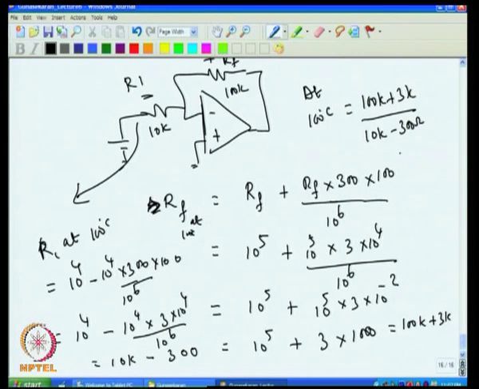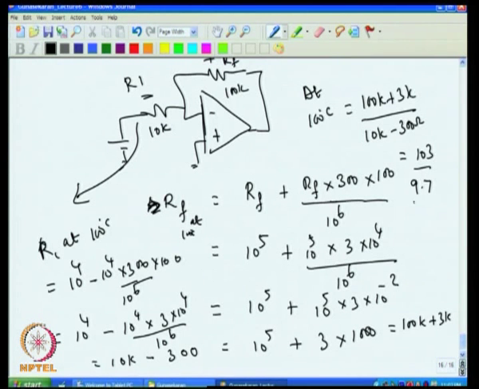Now, the gain is 103 divided by 10.3, which is not right. If we see this gain, it's 9.7, because 10K has become 9.7K and this is 103.